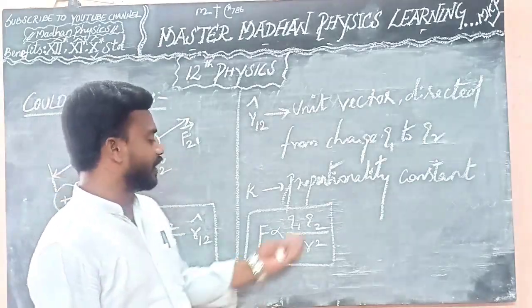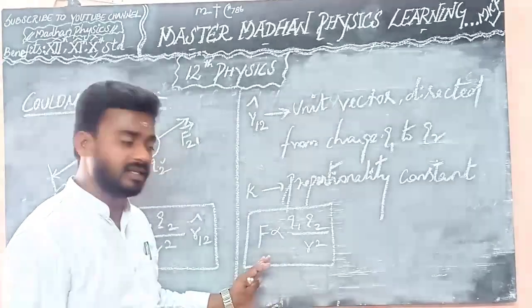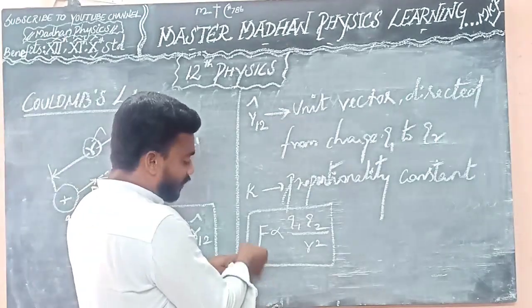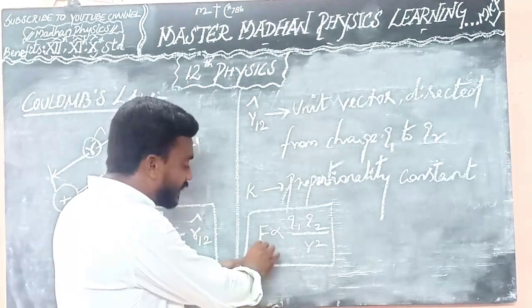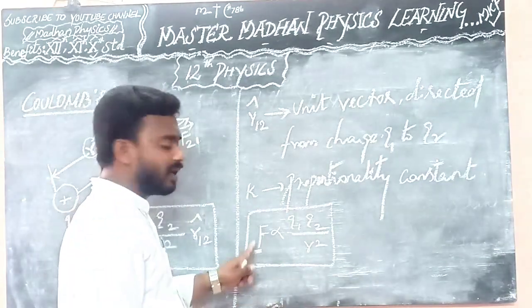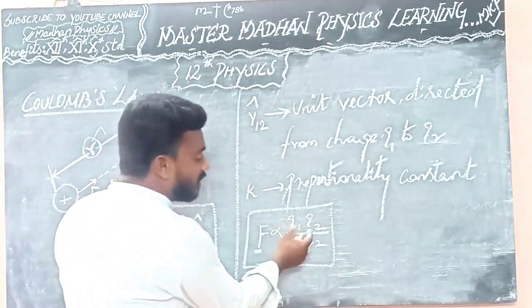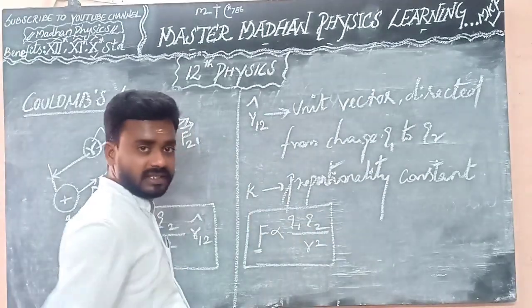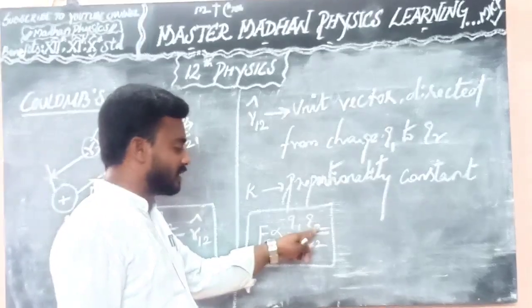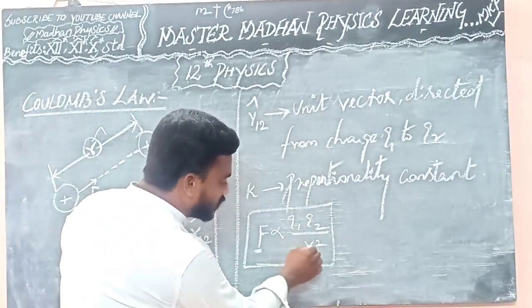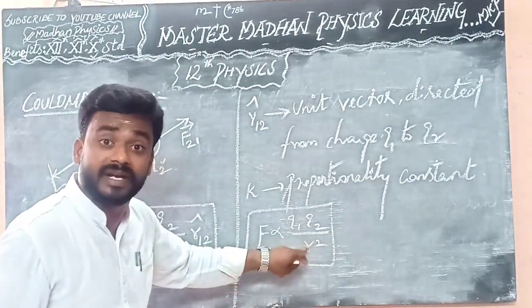So how can we define Coulomb's law? Coulomb's law states that the force of attraction or repulsion between two point charges is directly proportional to the product of the charges and inversely proportional to the square of the distance between them.